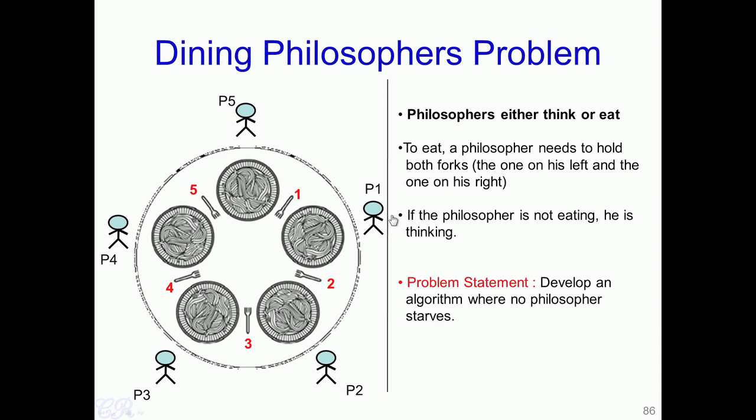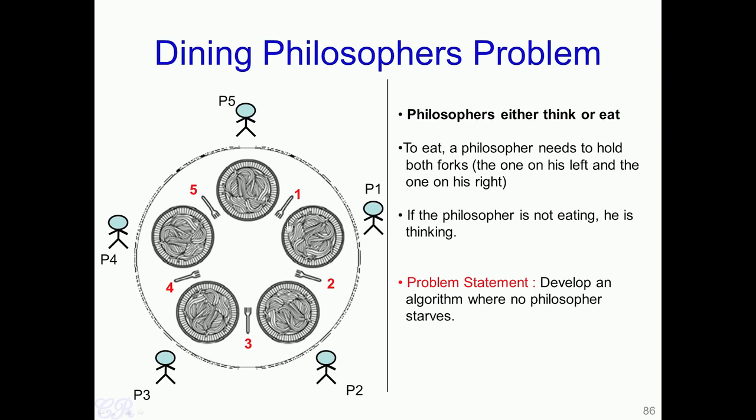In order to eat, a philosopher needs to hold both forks, that is, the fork on his left and the one on the right. For instance, if P1 wants to eat, then he needs to have fork 1 and fork 2.